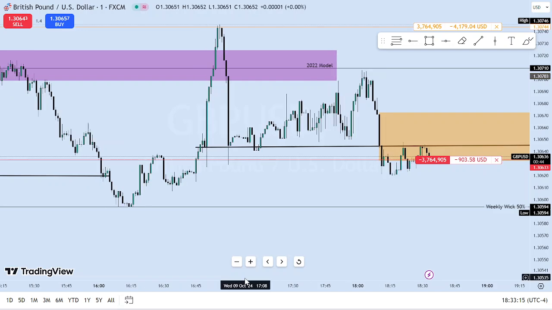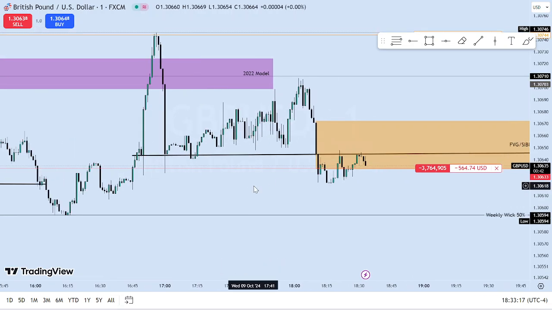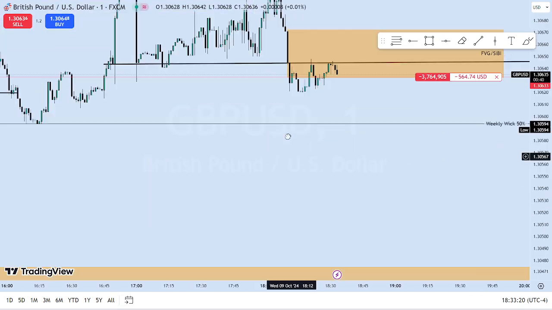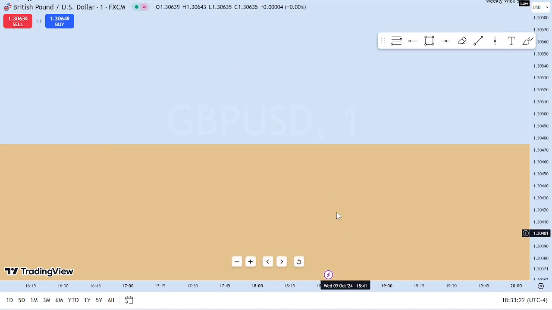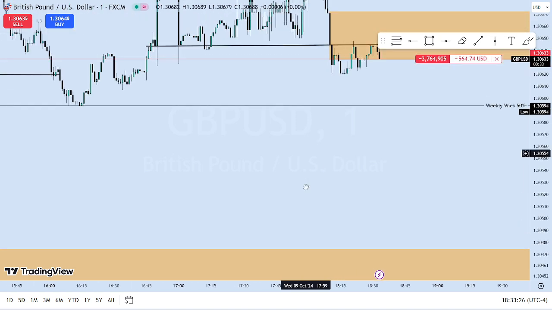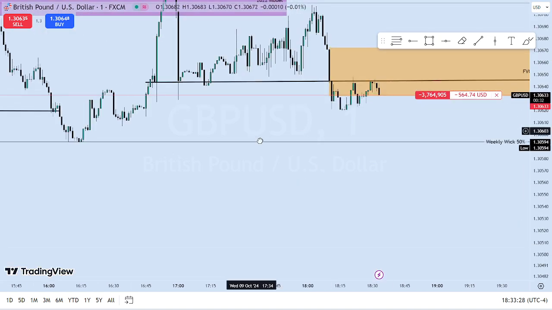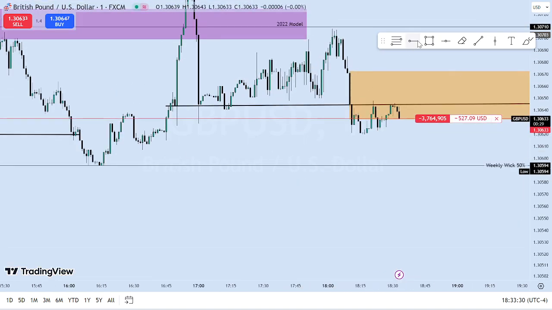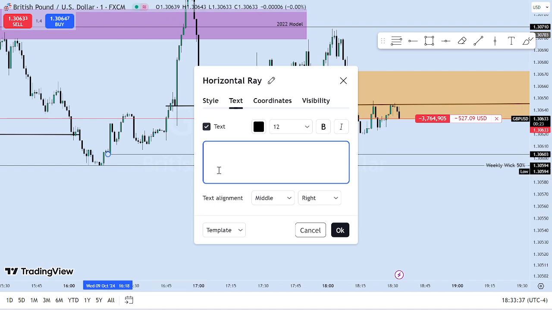Okay, so you take your time and practice. We have our target here. Our target is here. So we want price to sell off. We have liquidity resting below. There's a liquidity resting below that the algo will seek out.